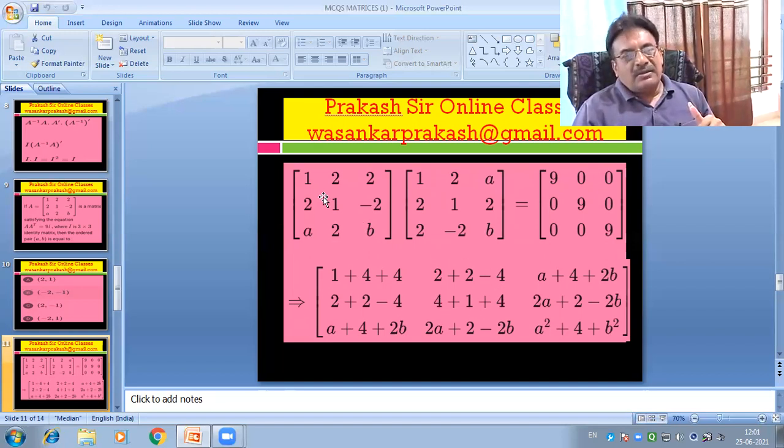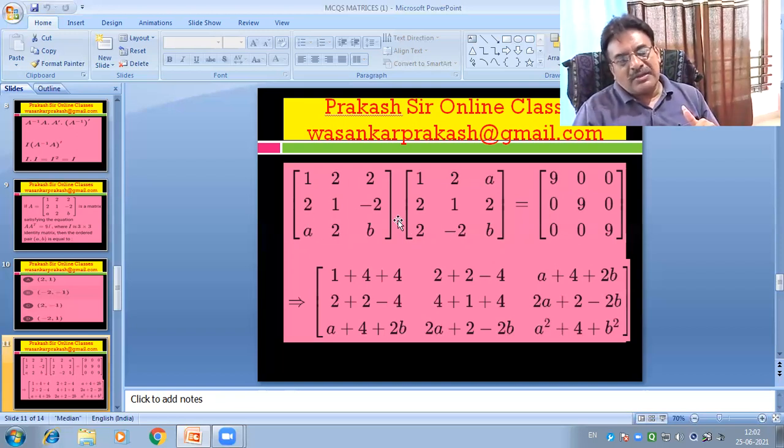First row, first column: 1 into 1 is 1, 2 into 2 is plus 4, 2 into 2 again plus 4. First row, second column: 1 into 2 is 2, 2 into 1 is 2, 2 into minus 2 is minus 4. First row, third column: 1 into a is a, 2 into 2 is 4, 2 into b is plus 2b. Second row, first column: 2 into 1 is 2, 1 into 2 plus 2, minus 2 into 2 minus 4.